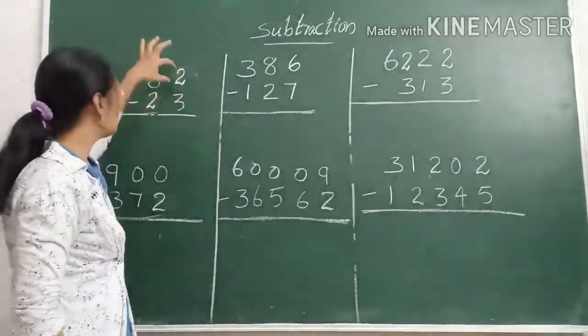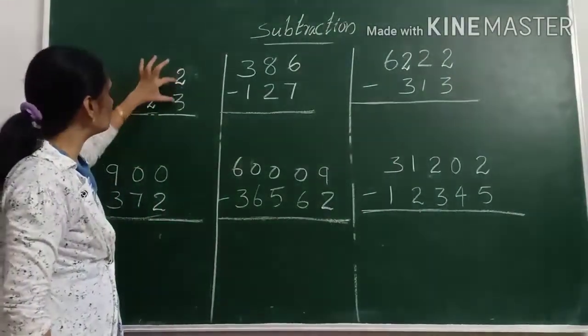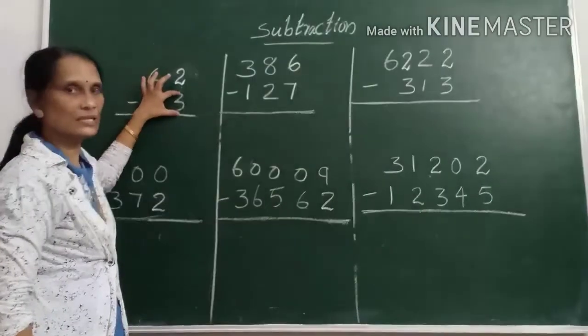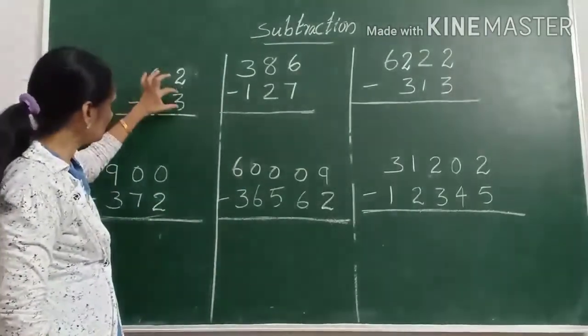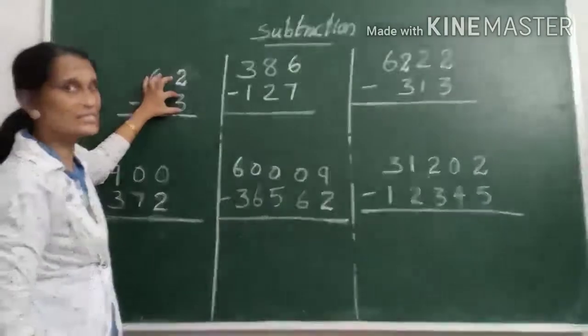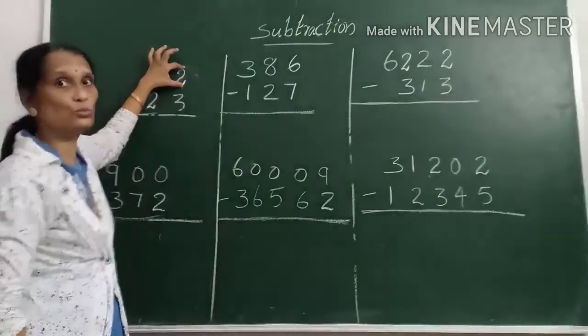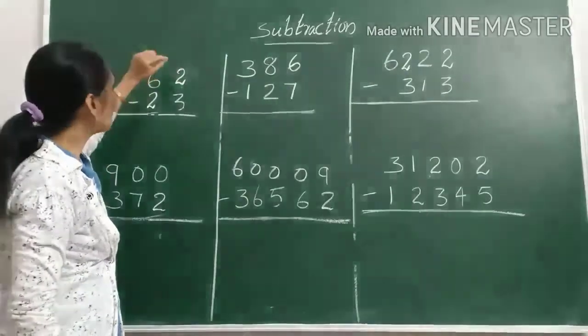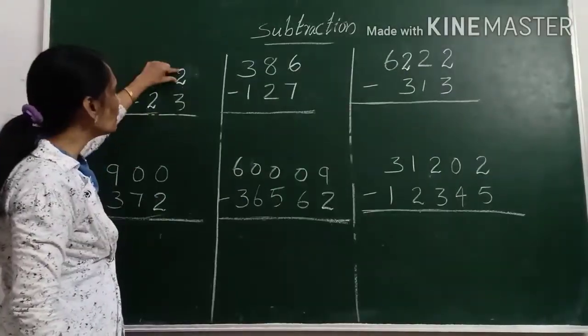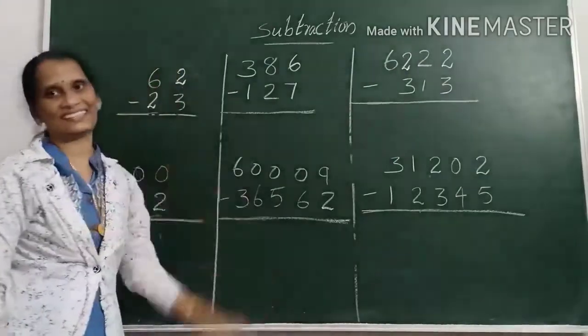For example, here the upper digit is 2 and the lower digit is 3. In the subtrahend, in the 1's place, 3 is there. In the minuend, in the 1's place there is 2. So the upper digit is smaller than the lower digit.